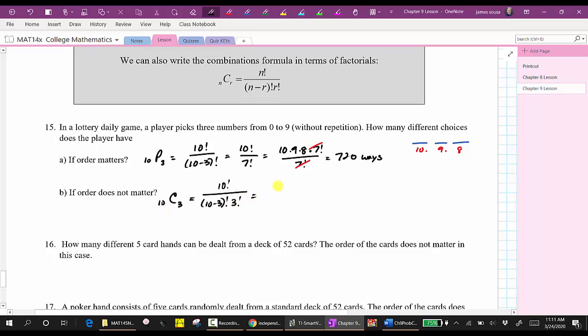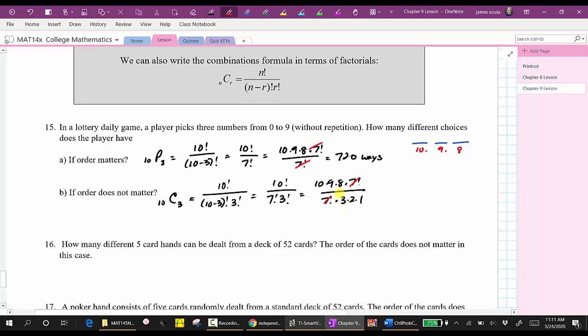Simplifying by hand, we have 10 factorial over 7 factorial times 3 factorial. 10 factorial is equal to 10 times 9 times 8. I'll stop here. The remaining factors would be 7 factorial divided by 7 factorial, so this is going to simplify. 3 factorial is 3 times 2 times 1. Simplifying, 7 factorial divided by itself simplifies to 1.